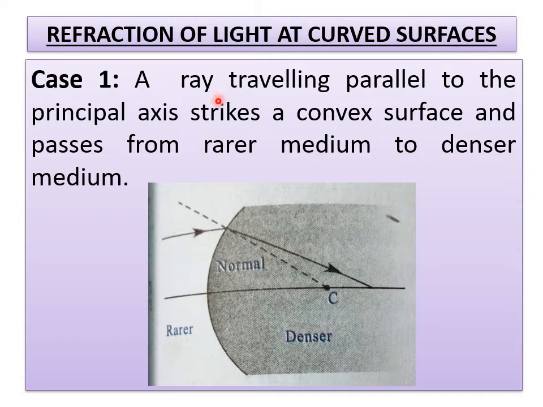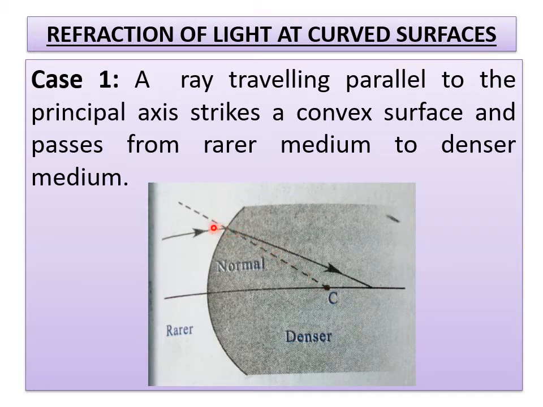A ray traveling parallel to the principal axis strikes a convex surface and passes from rarer medium to denser medium. So if this is a ray parallel to the principal axis, and I told you a ray passing through the center of curvature is one of the normals. To represent the normal, we always have to use a broken line. So this is the normal drawn from the center of curvature.